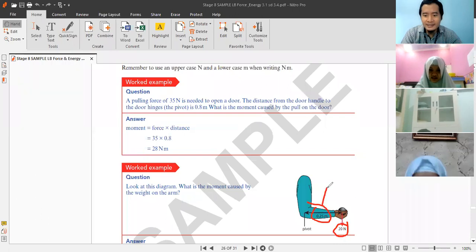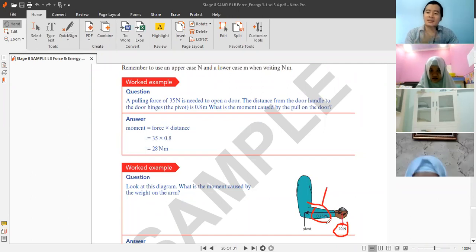So what is 0.25 meters, Mbak Alisa? Is it distance? Meters indicate that the quantity is about length, isn't it?